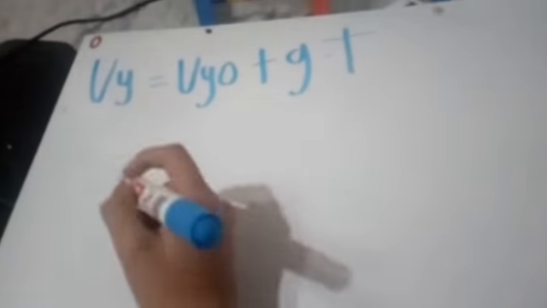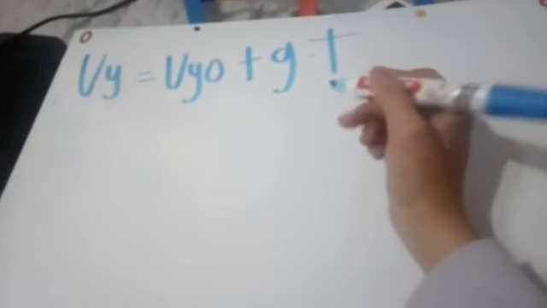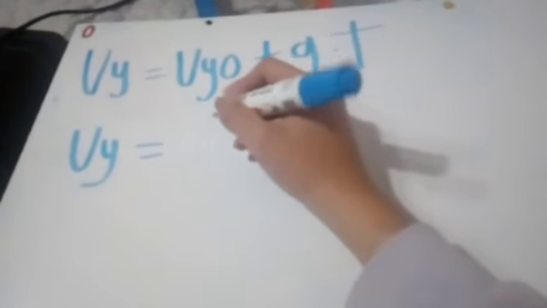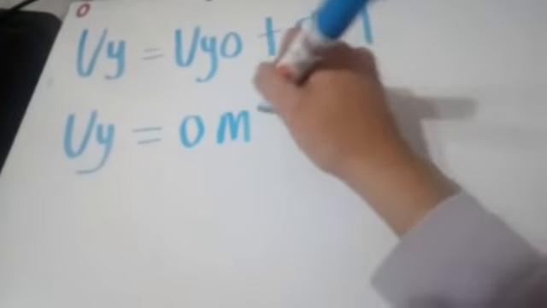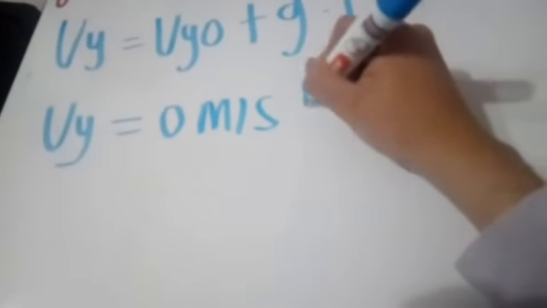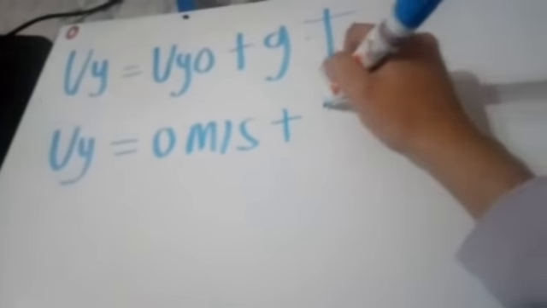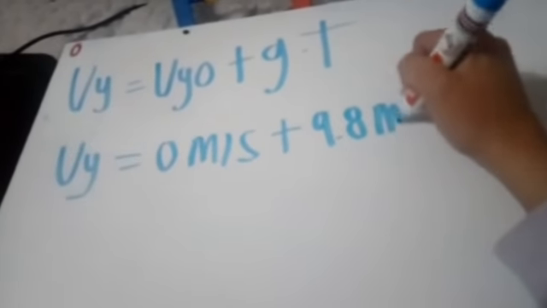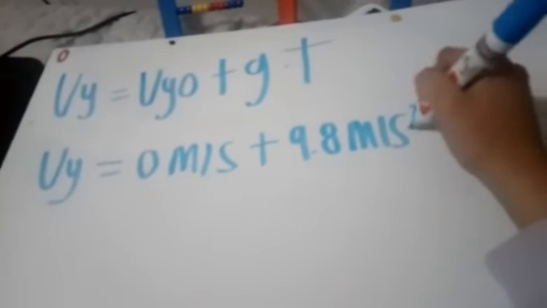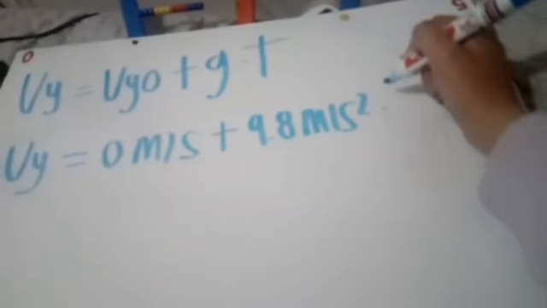To do the letter B, we can use this equation. So we can say that the final speed is equal to the initial speed, that is 0 meters per second, plus the gravity, that is 9.8 meters per second squared, multiplied by the time, that is 6 seconds.